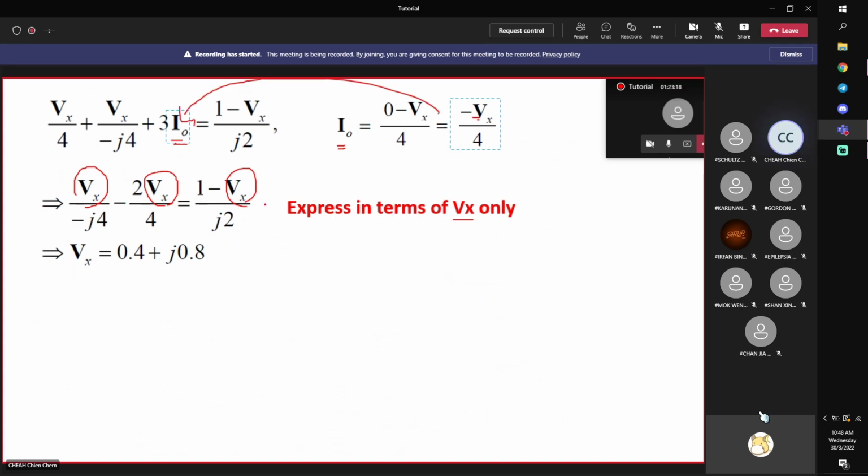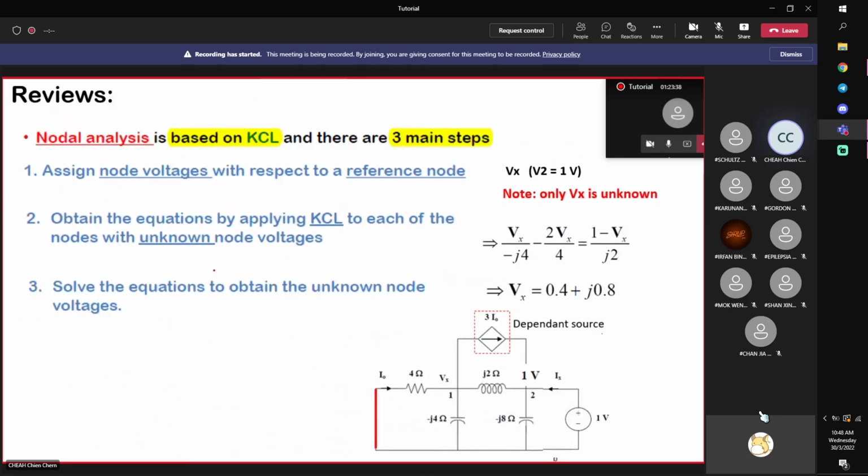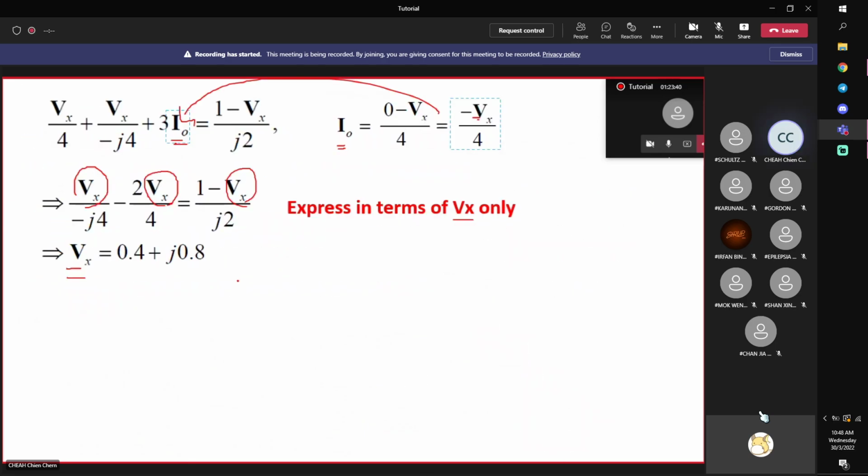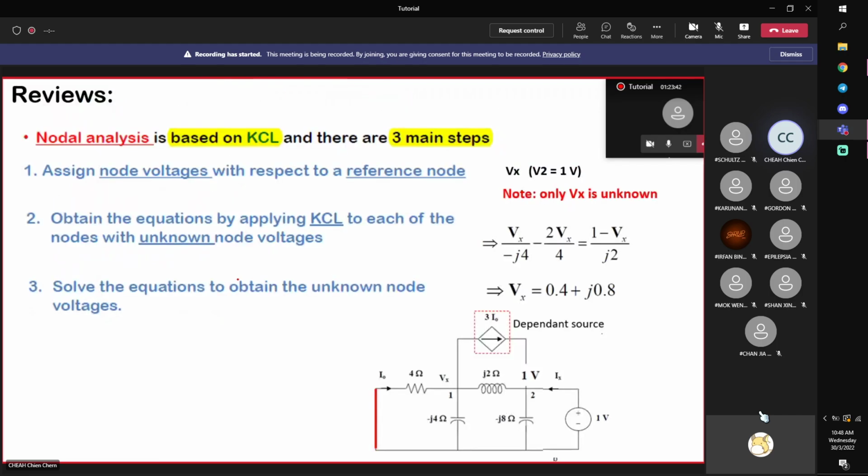You get everything in terms of Vx, then one equation with one unknown you solve by algebraic manipulation. Then we get 0.4 plus j0.8, which is my node voltage in rectangular form. You can also put it in polar form, it doesn't matter, but ultimately you still need to perform some more operations. I leave it in rectangular form for a reason, which we'll see later on.